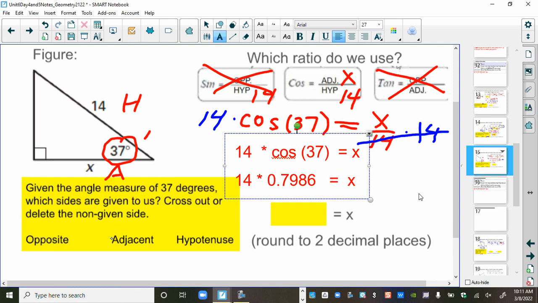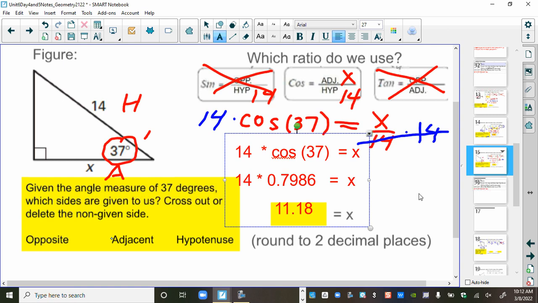And then if you multiply that number by 14, what would be the final result? Yep, you get 11.18. Very good. There you go. That's your final result. There's your value of x.